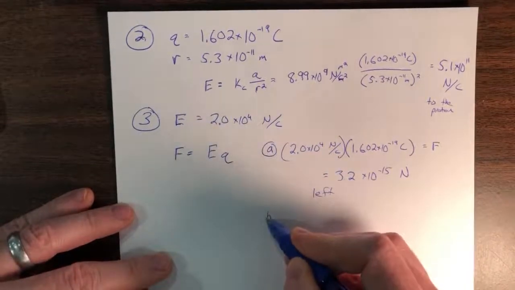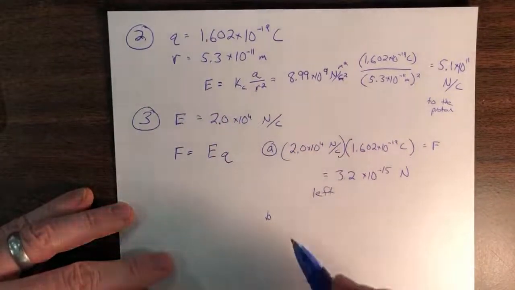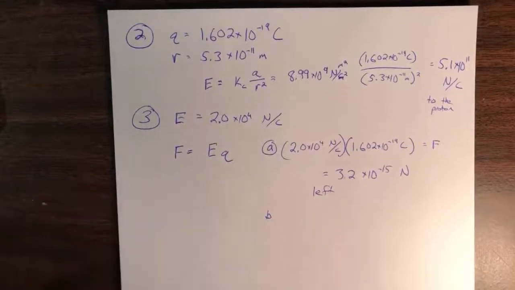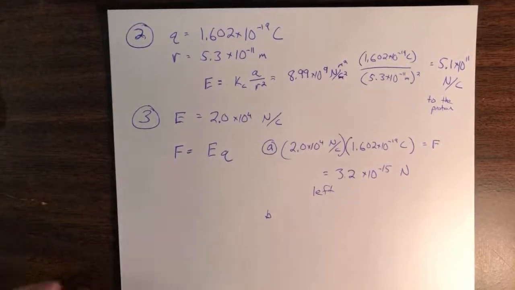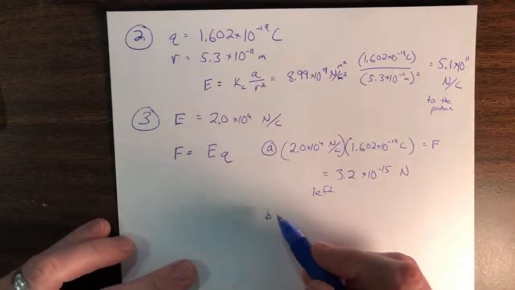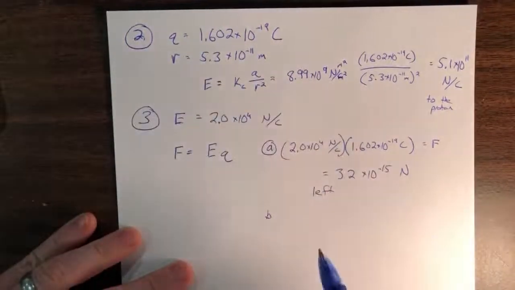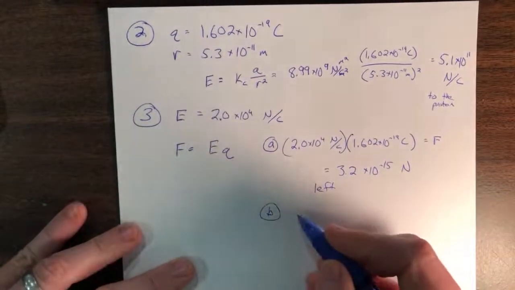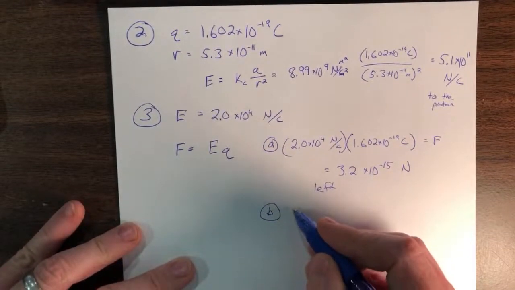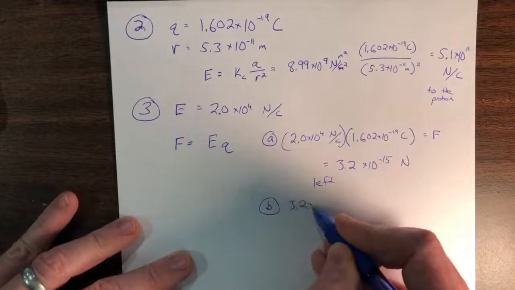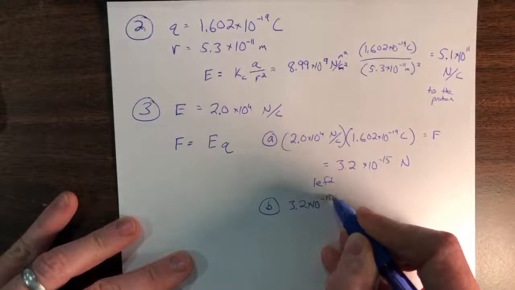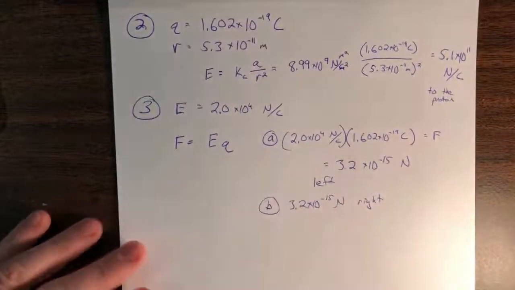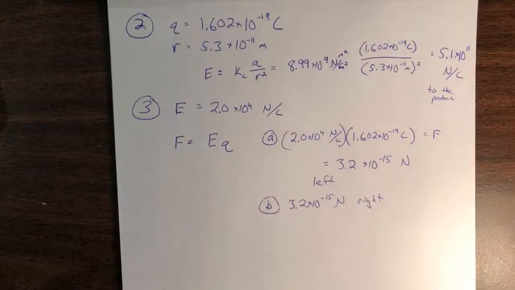And then for B, it's going to be directed back towards 0, back towards the left of the x-axis because it's going positive to the right. Okay, and if it's going positive to the right, then a proton in this field is going to be repelled, and so it's going to be the same number, 3.2 times 10 to the minus 15 newtons to the right.